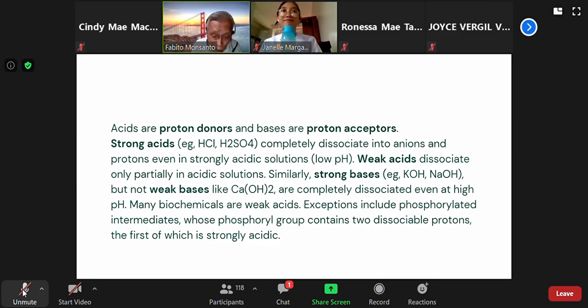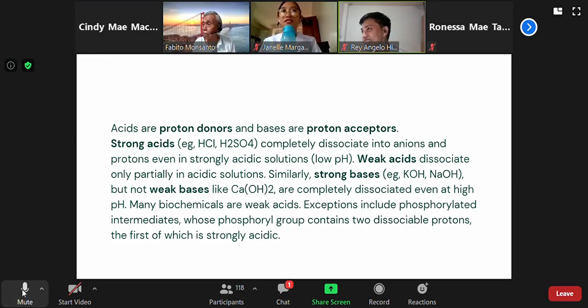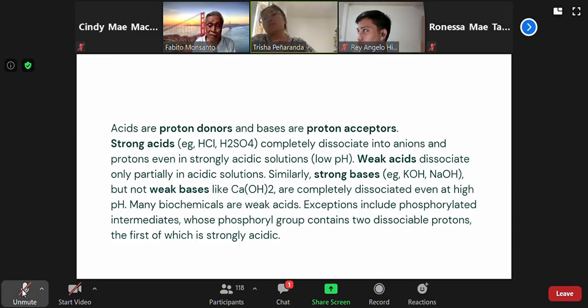Bases are proton acceptors. So if you say potassium hydroxide, can a potassium hydroxide accept a proton? What is the compound? Potassium hydroxide and sodium hydroxide, they have a basic component.